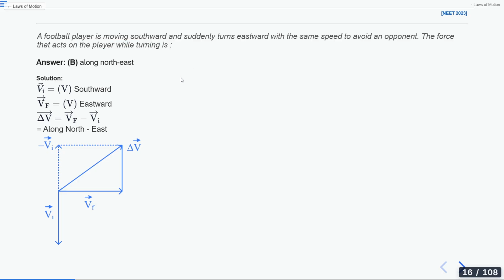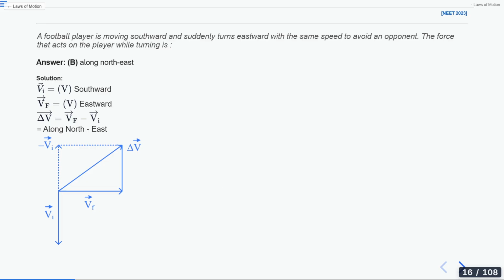The initial velocity was in the southward direction. The final velocity Vf is in the eastward direction. Now we want to find the change in velocity. Why? Because change in velocity will give me change in momentum, and change in momentum will give me force.